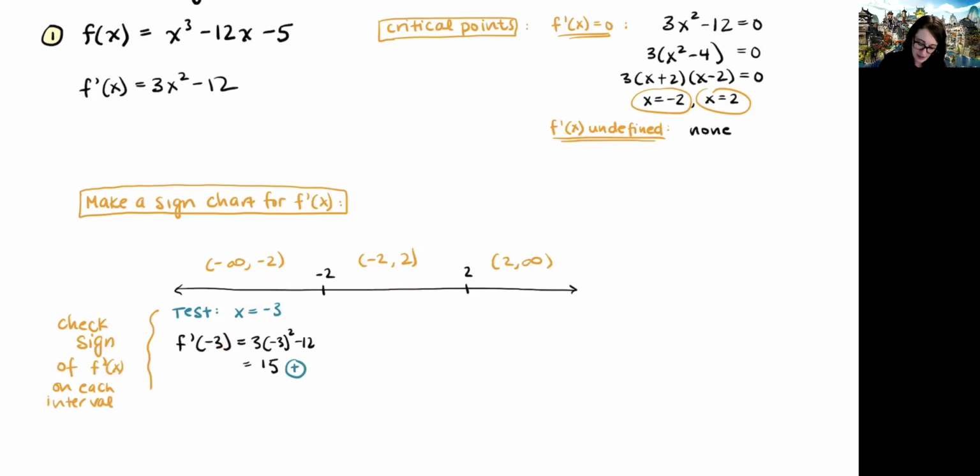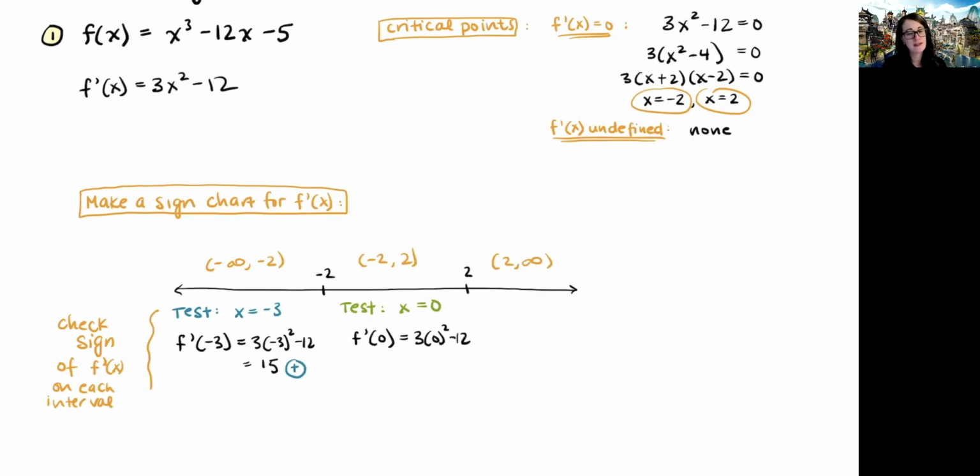So we're going to pick a number that lives between negative 2 and positive 2. You could pick 0, you could pick 1, you could pick negative 1. I'm always looking for the place to plug 0 in because I think it's a really easy number to plug into stuff. So again, we're plugging 0 into the derivative.